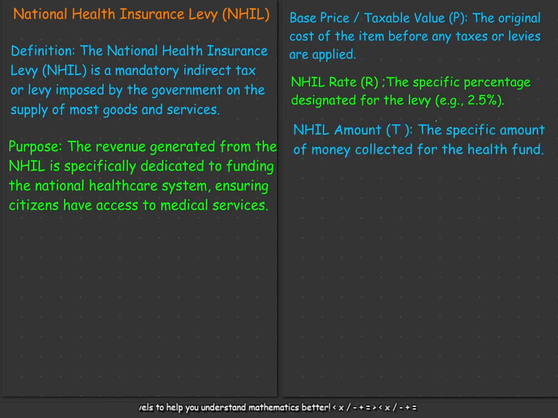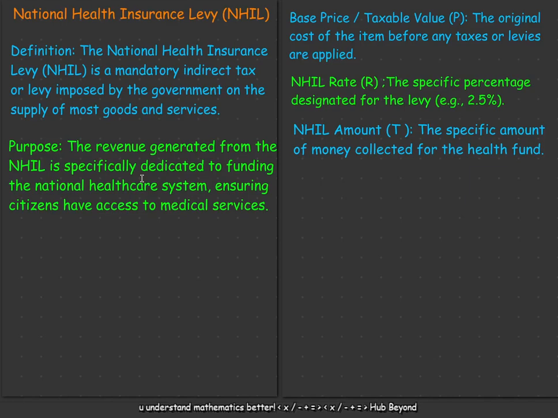Now, as we consider all these things, you have to try your best to differentiate them when you see them in the question. The base price or the taxable value is the original cost. The NHIL rate is expressed in percentage, and it is the percentage designated to the levy.